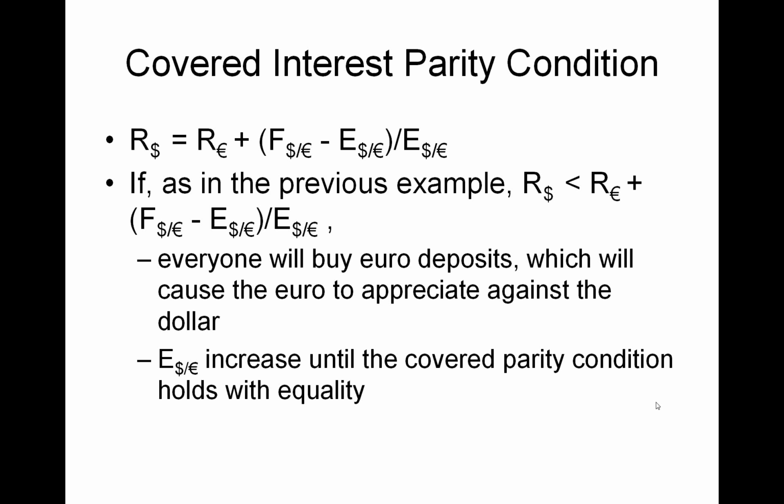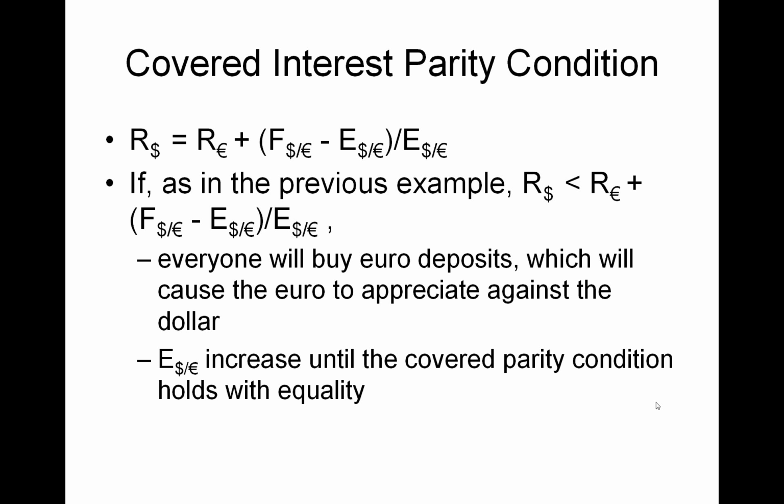So this brings us to the covered interest parity condition. And this is where the rate of return on the dollar deposits is equal to the covered rate of return on the euro deposit, which is the euro deposit plus the forward premium.